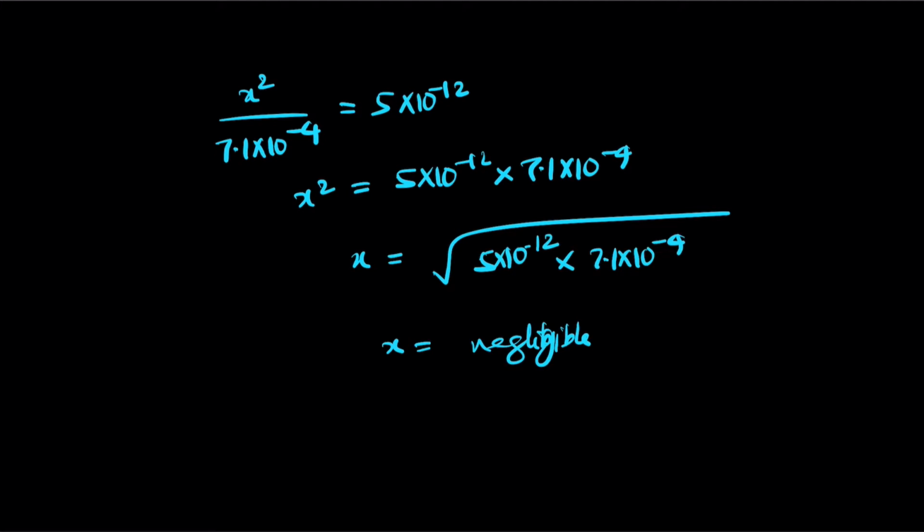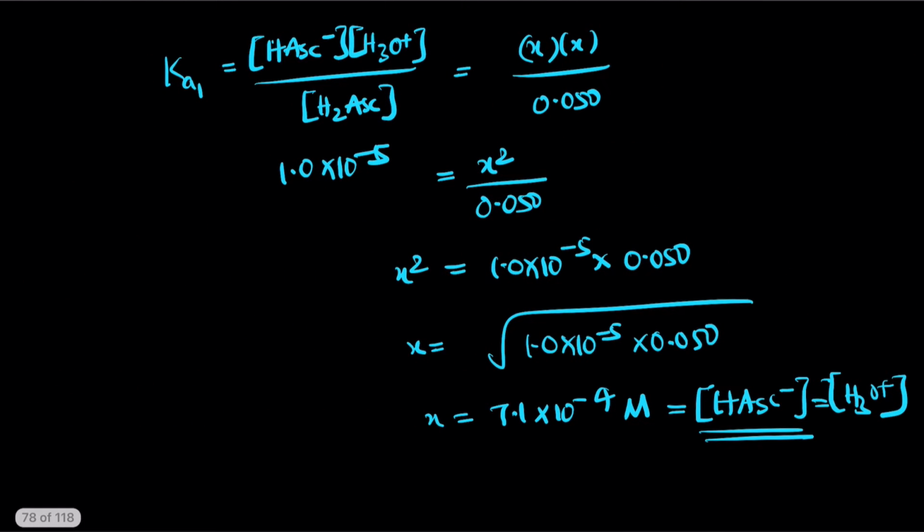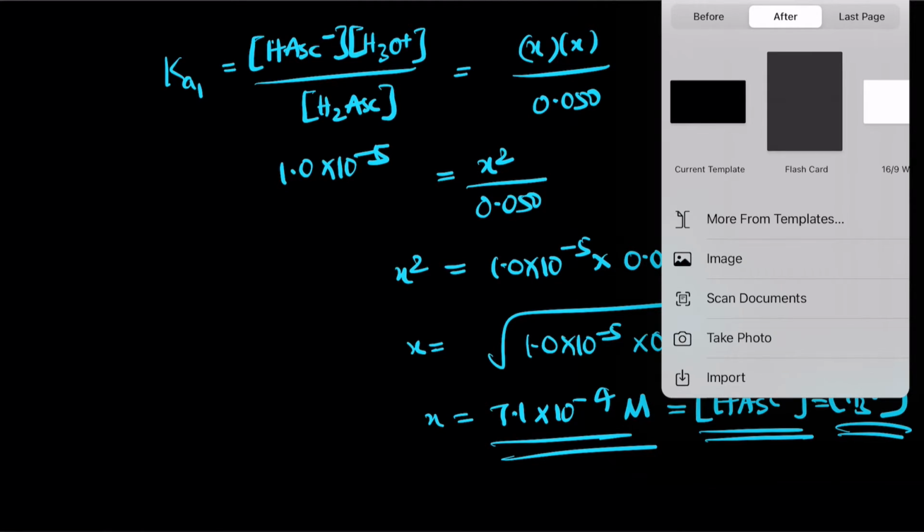Which means that the H3O plus you get from the dissociation of HASC minus is nearly negligible. So we can directly use the value that you got right here to calculate the pH, which is the H3O plus concentration.